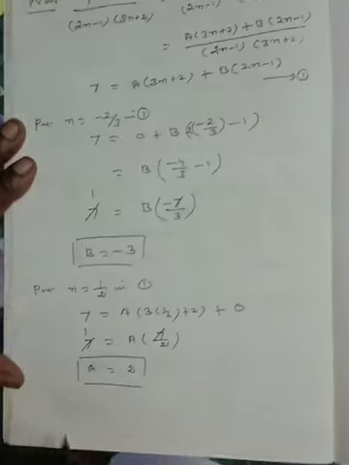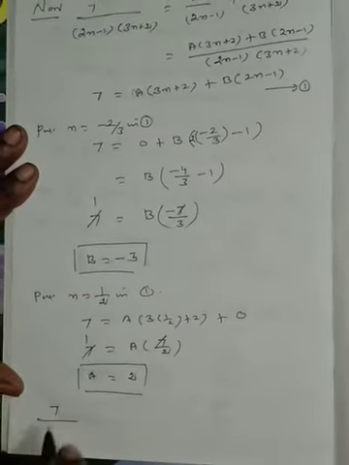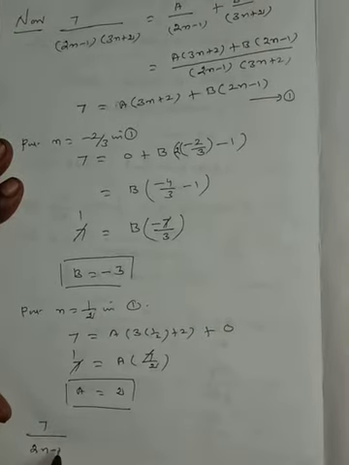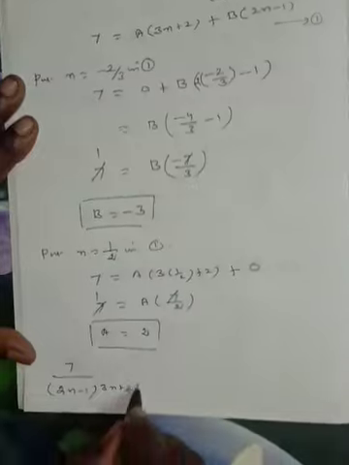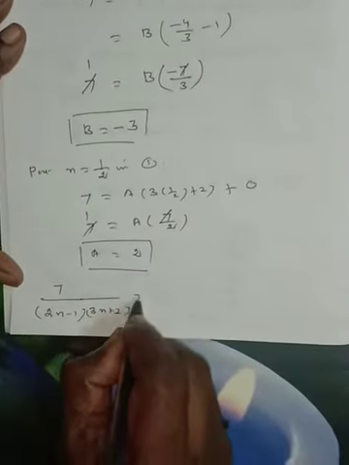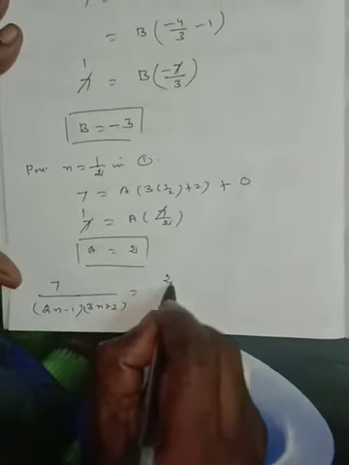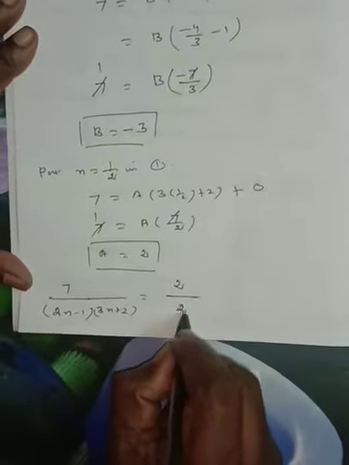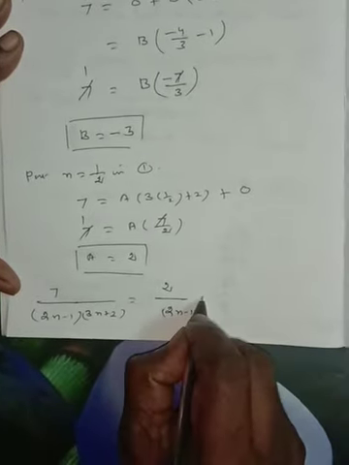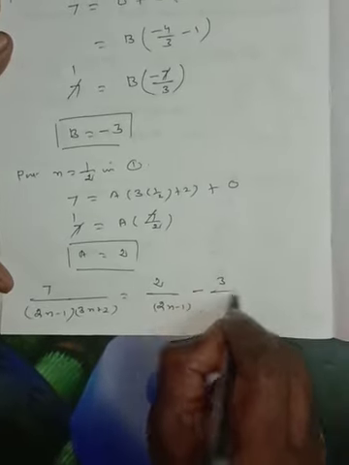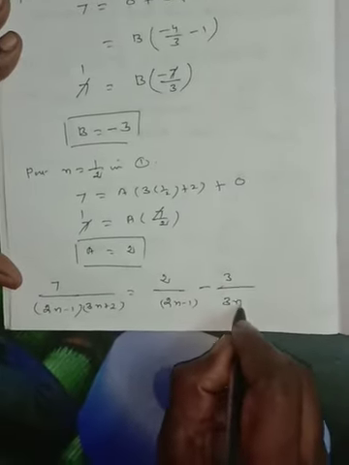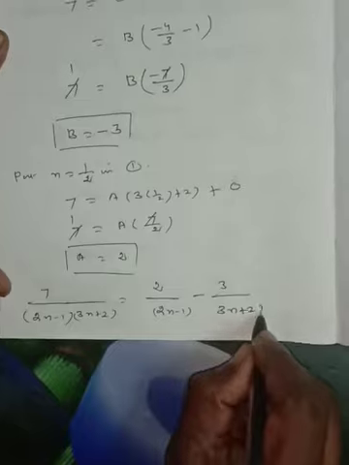Therefore 7 divided by (2x minus 1)(3x plus 2) is equal to A by (2x minus 1) minus 3 by (3x plus 2).